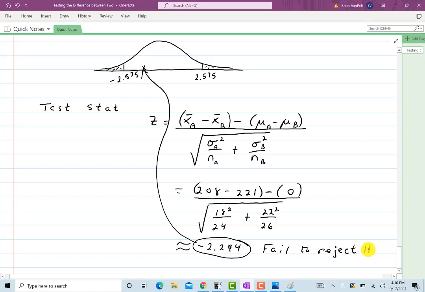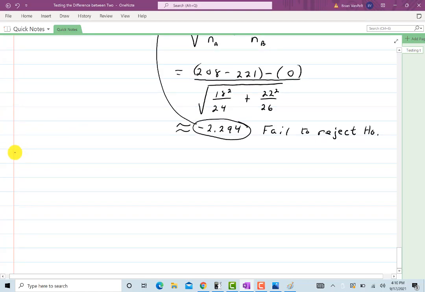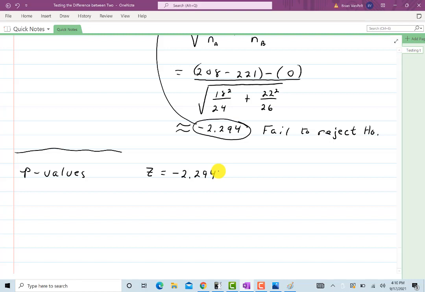H naught. Now, to do the same problem with p values, you start with the test statistic. So we have z equals negative 2.294. And then you want the calculator to give you the amount of area that has occurred up to that point, from negative infinity up to that point. So what do we use?